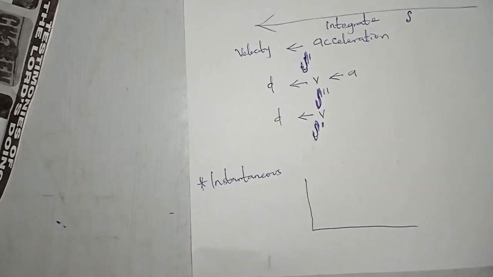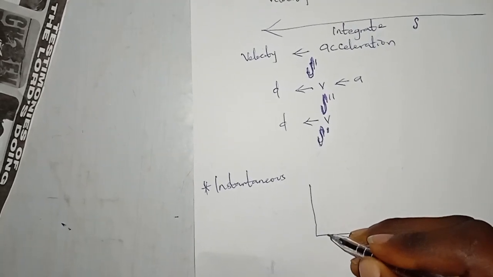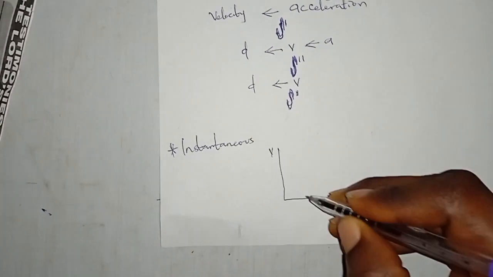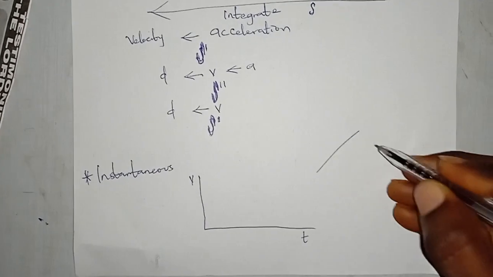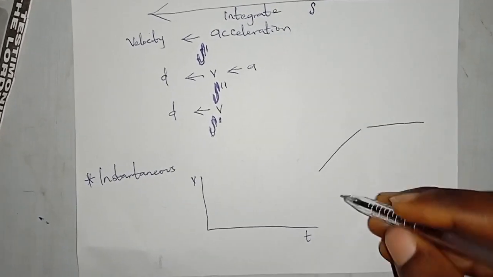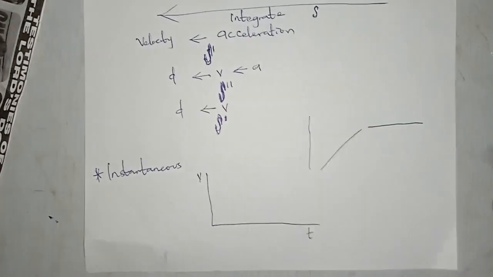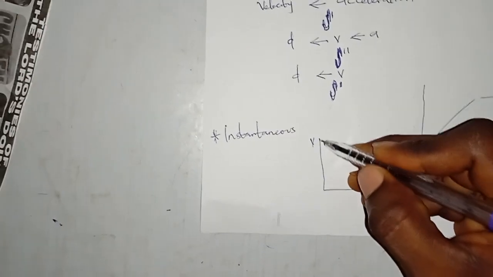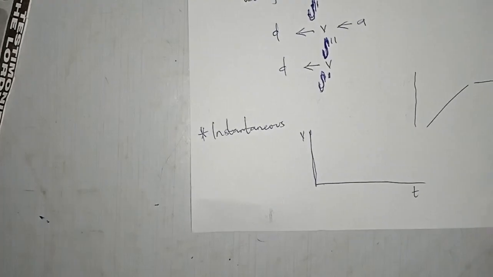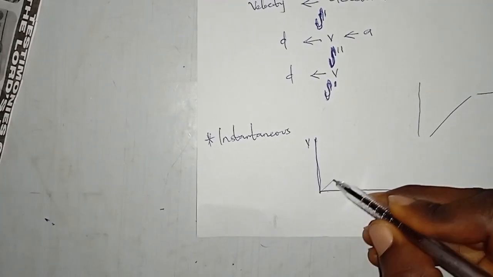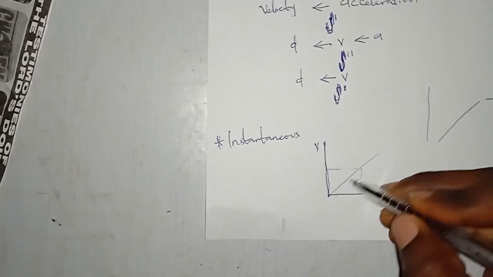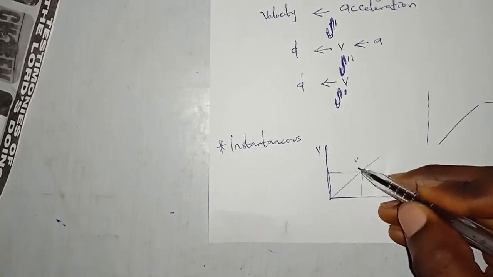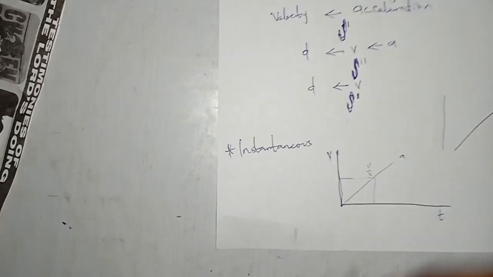For example, if this is velocity, this is time, I will normally tell my students to always see acceleration as this, then constant speed as something like this, then velocity as this way. Velocity will always be this way, time will always be this way, and whatever you get at this point will be v over t, which is equal to acceleration.